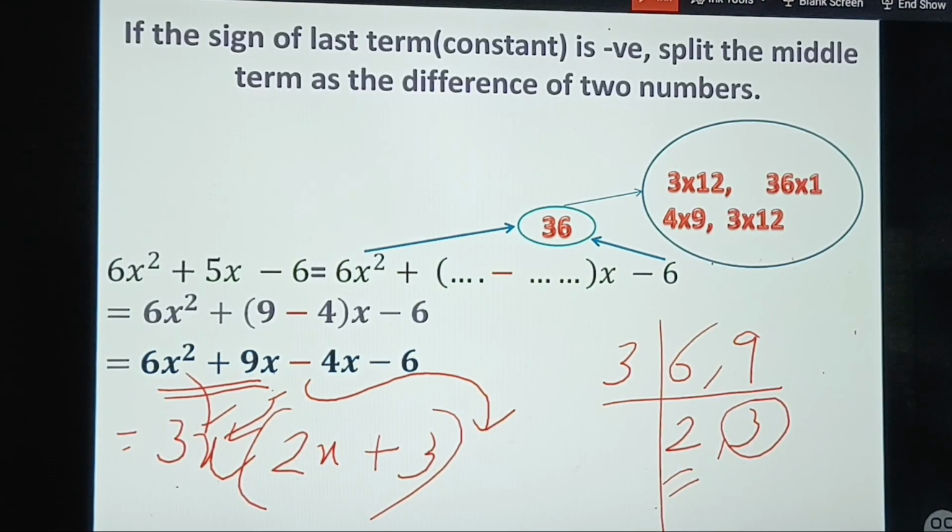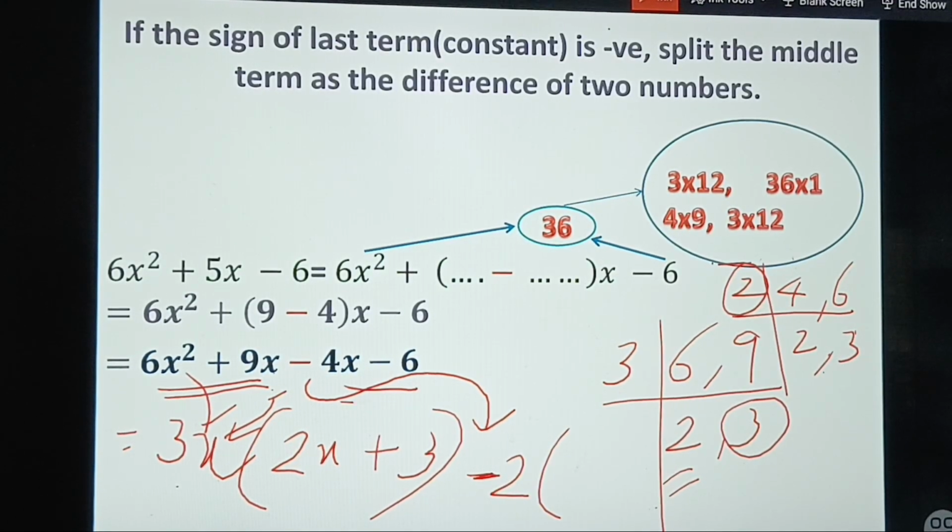It is minus sign. 4 and 6, what is common to 4 and 6? The common factor is 2. What is common to 4x and 6 is 2, and then left out is 2x and 3. Whenever we take the minus sign common, the last sign will change. It will become plus 3.